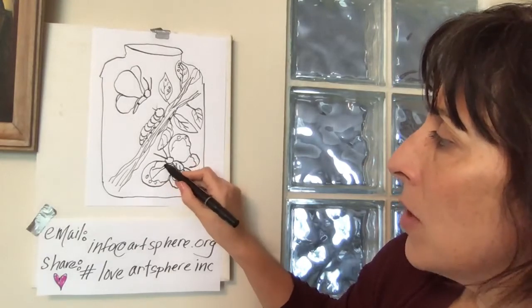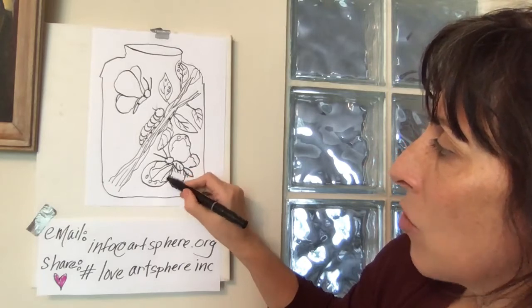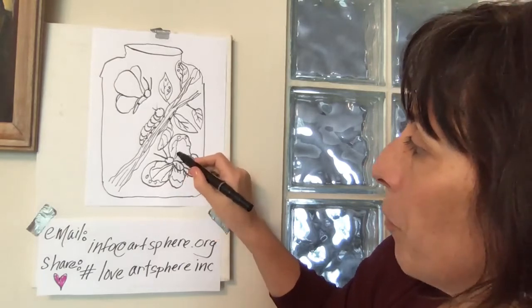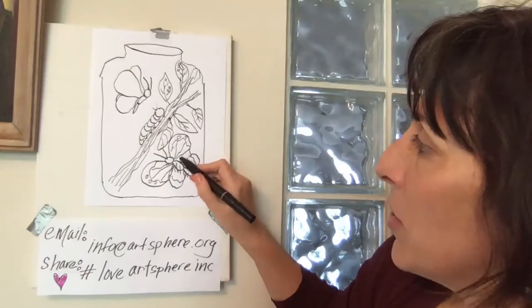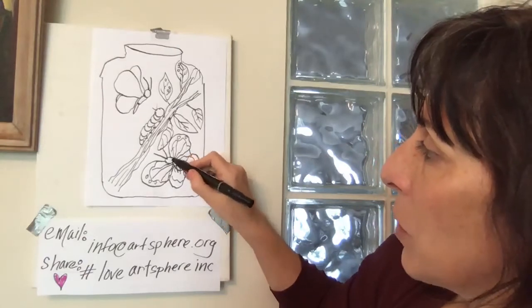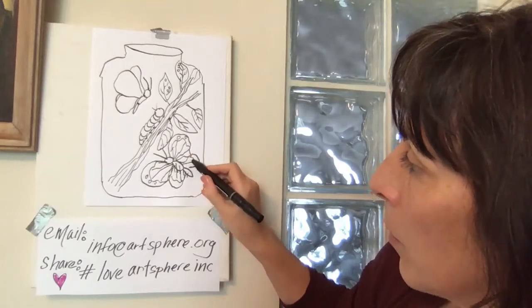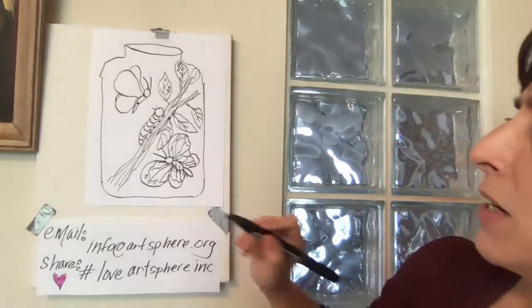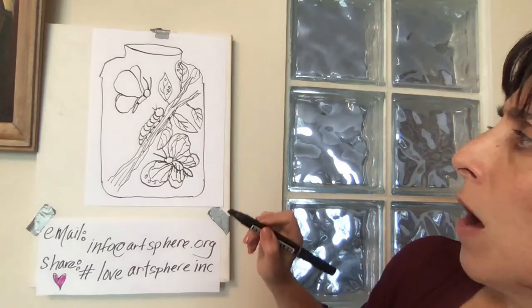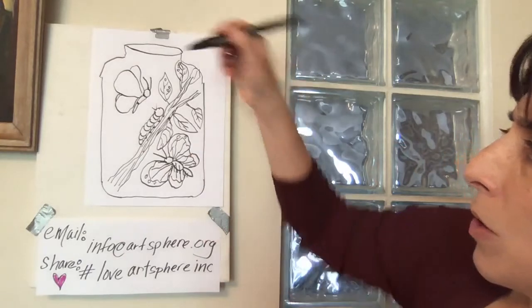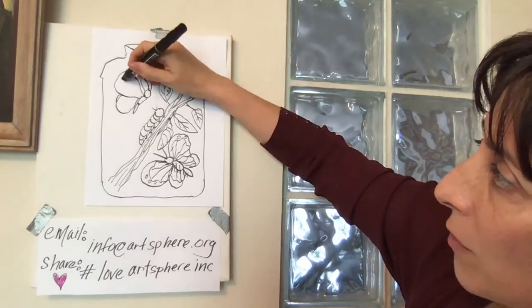You can think about it as almost like steel for a building. It holds those wings together. It protects it from wind and stuff. That veining is really important. We're going to do the same for our side view of our butterfly.